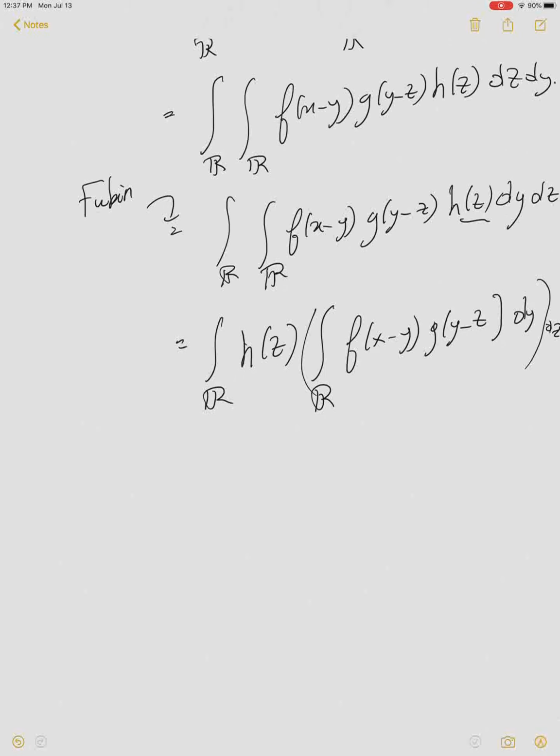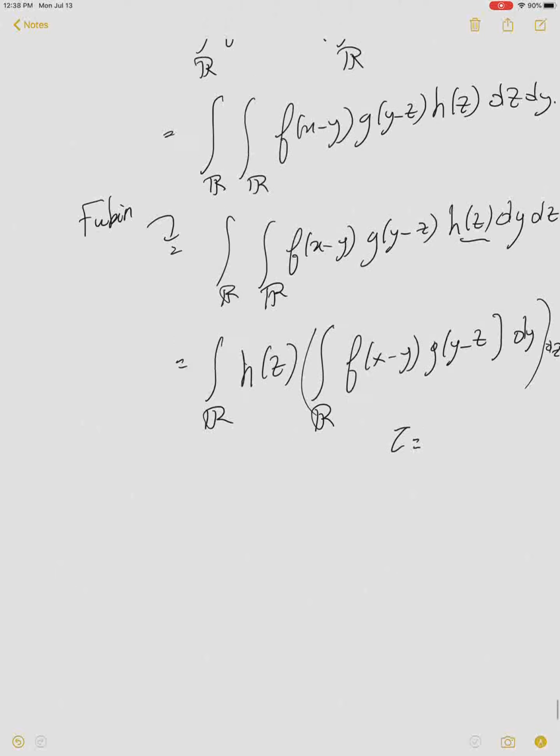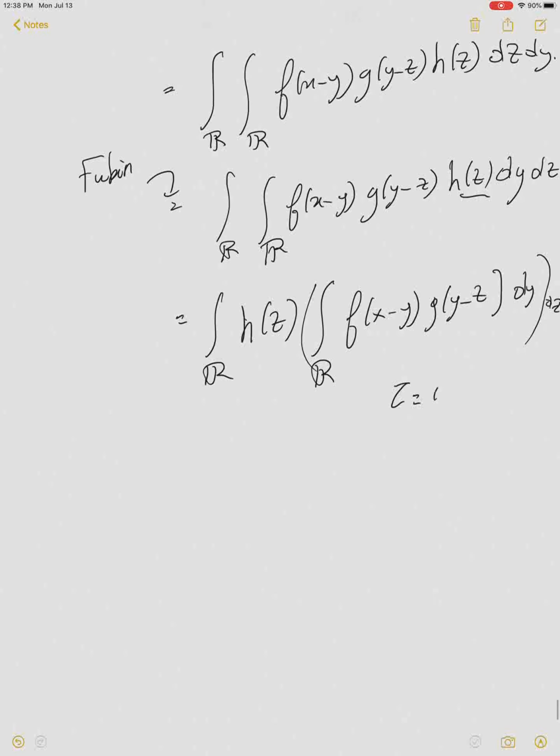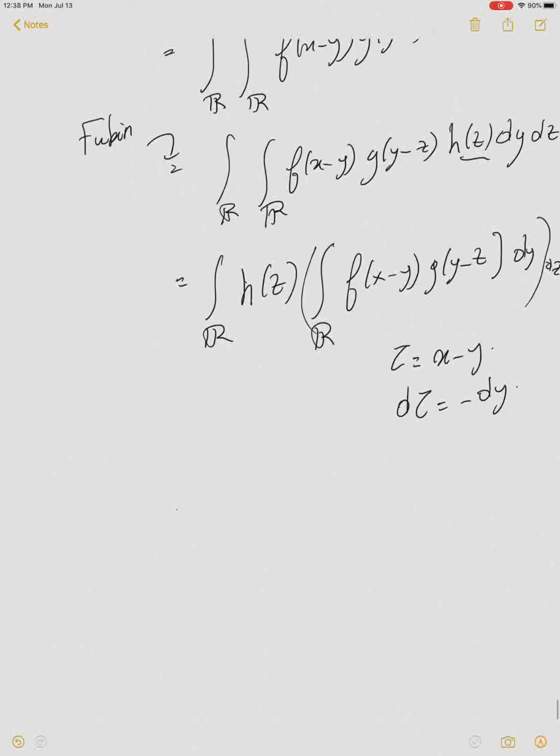Okay. Now let tau be equal to x minus y. So d tau is equal to minus dy. So this will be equal to the integral over R of h of z times the integral over R.